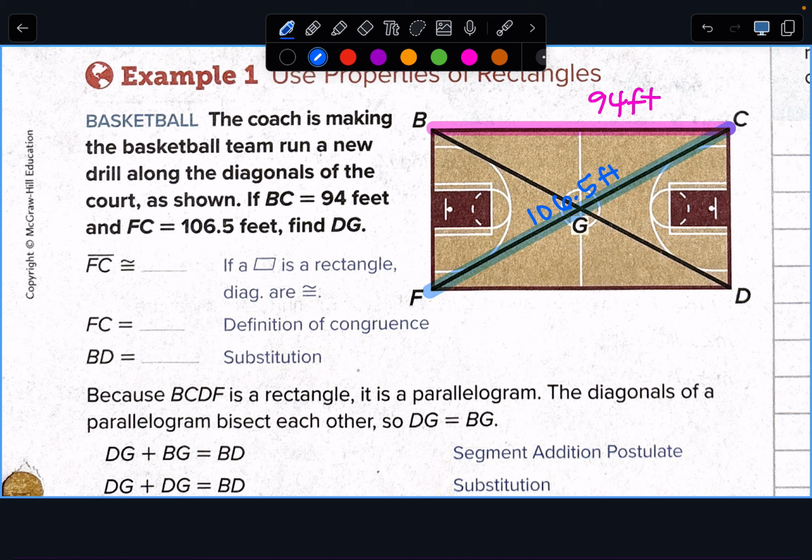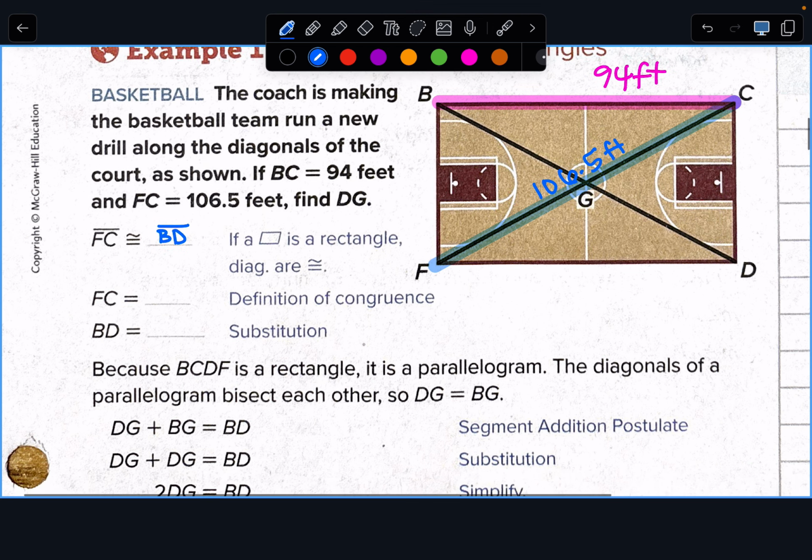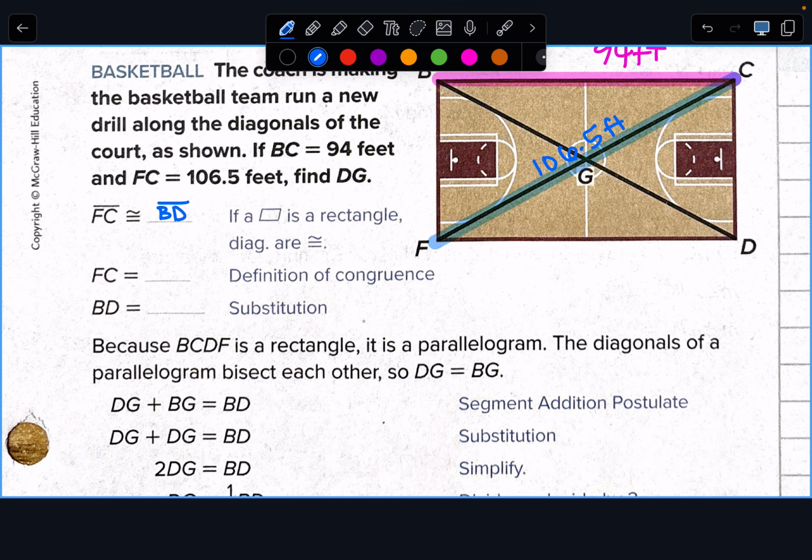Okay. If we have a rectangle, what is the same length as FC? All right. So we know that BD is the same length because our diagonals are congruent. If our diagonals are congruent, they have the same measure, which means BD is also 106.5 feet.